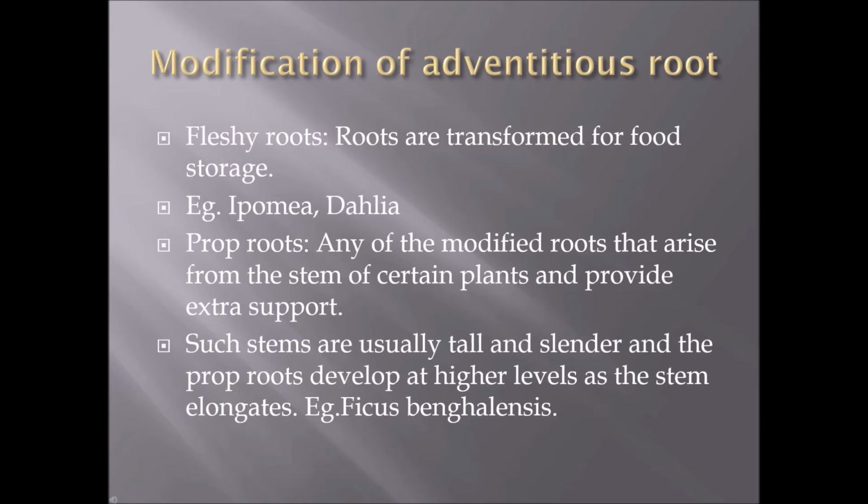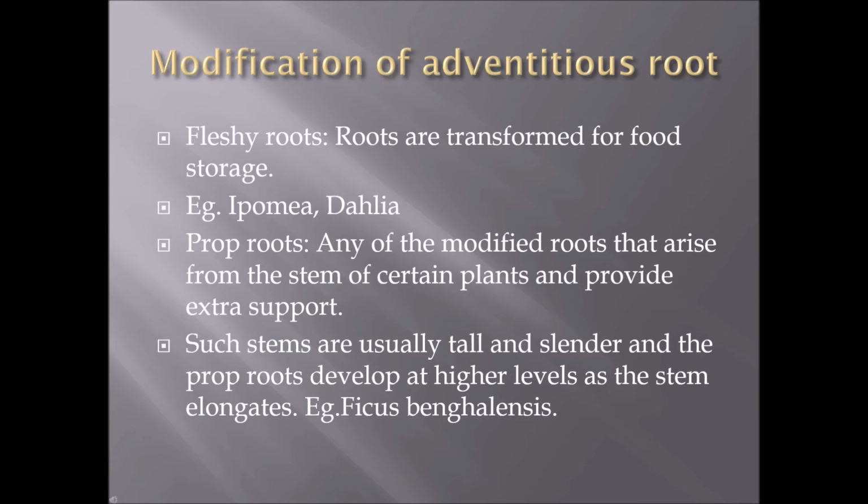Modifications of adventitious root. So what is adventitious root? When the roots grow in any part of the plant. So instead of growing from the radicle, when it grows in any part of the plant, that is called adventitious roots. So in such roots, when modifications occur, these are the things that will happen.